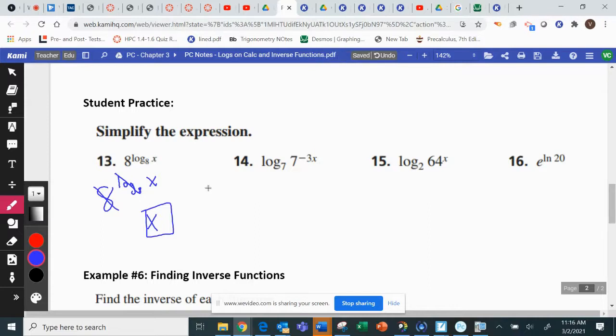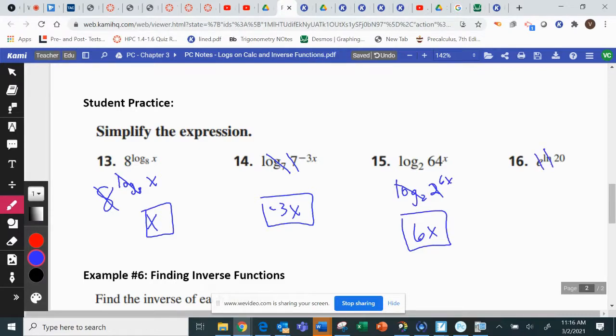The second one, log base 7 of 7, inverses, negative 3x. The third one, 64 is 2 to the 6. So 6x is the answer. And number 16, e to the ln, those are inverses. So the answer is 20.